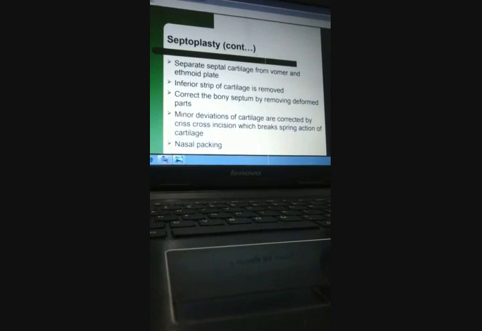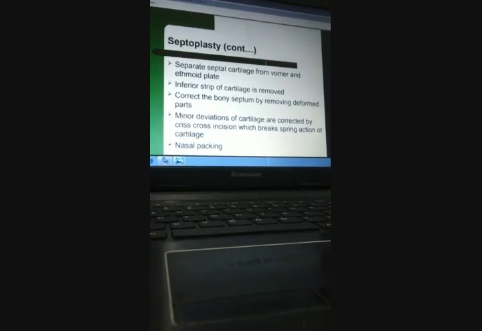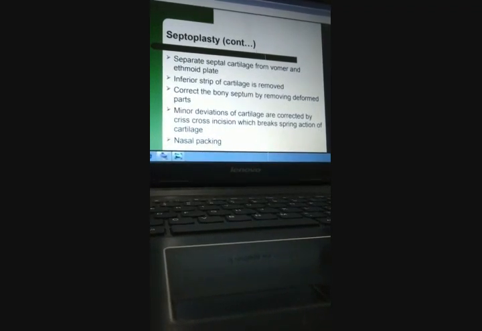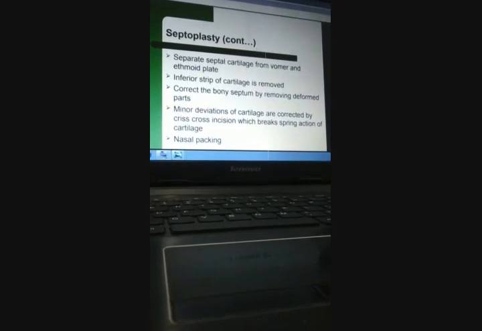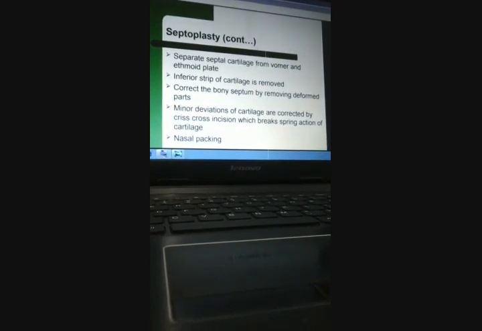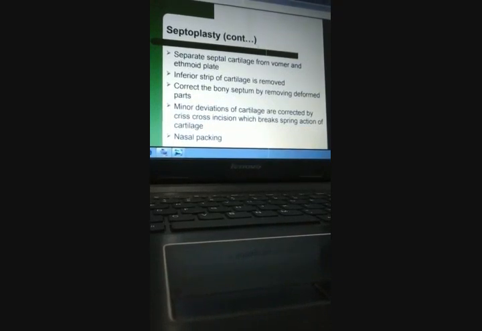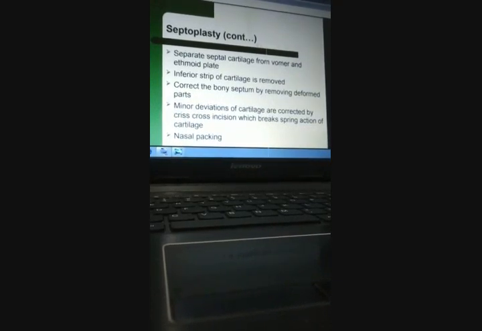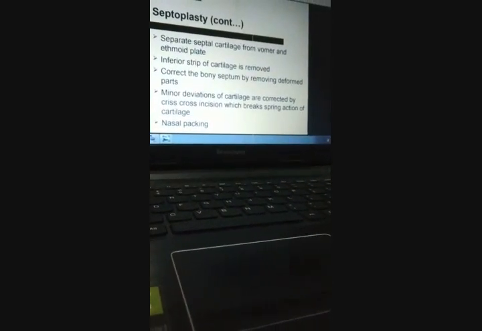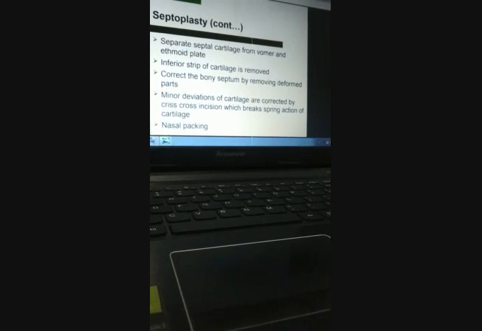Next, to separate septal cartilage from vomer and ethmoid plate. Then inferior strips of cartilage is removed here. Correct the bony septum by removing deformed parts.